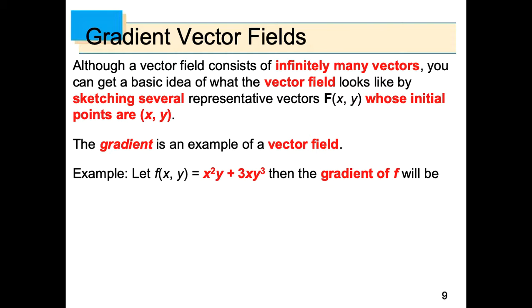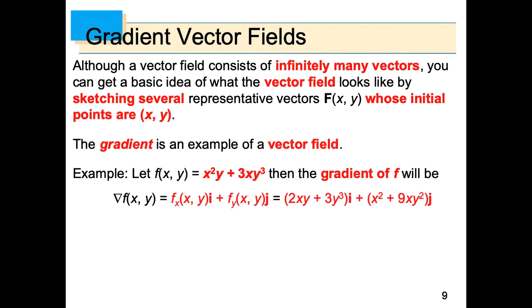This should not come as any surprise. So the gradient is, in this case, 2xy plus 3y cubed, i, plus the quantity x squared plus 9xy squared, j. Again, that should come as no shocker to you.